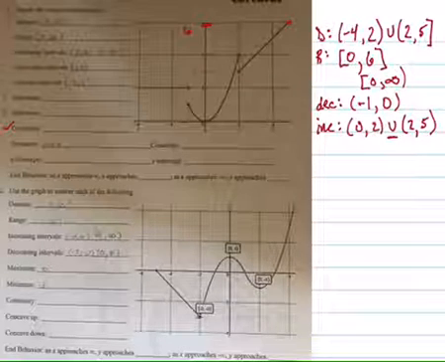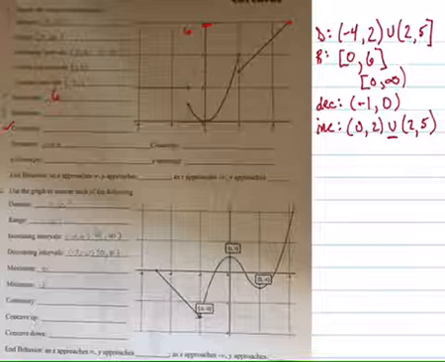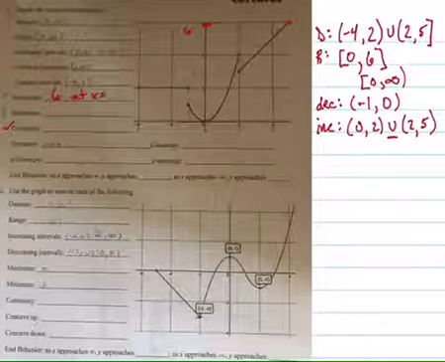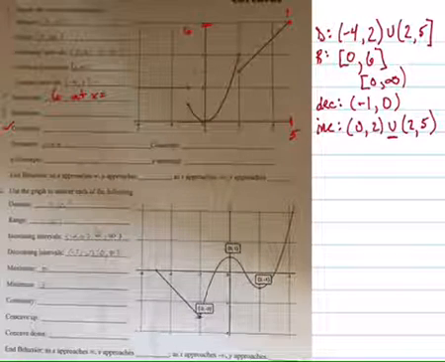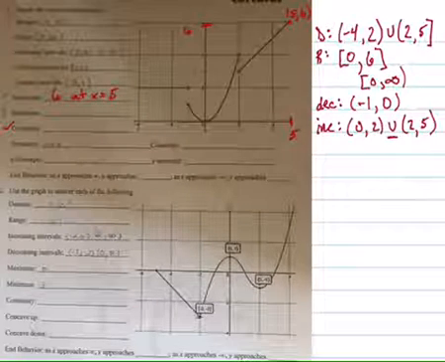Sometimes teachers want you to say there's a maximum of 6 at x equals 5, because the point is 5 comma 6.